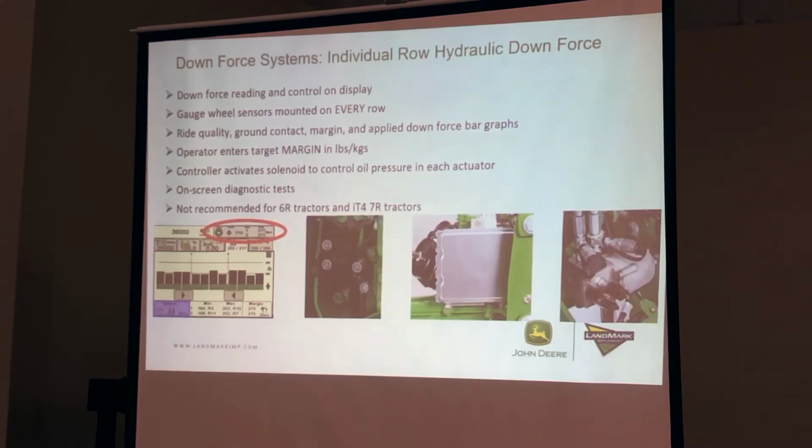It's going to monitor your ride quality, ground contact, margin, and the applied force on your bar graph, and it's going to make changes to field condition changes. Also measures in margin like your active pneumatic does. And the controller is going to activate a solenoid at each individual row to control the oil pressure to each actuator and accumulator on this system.